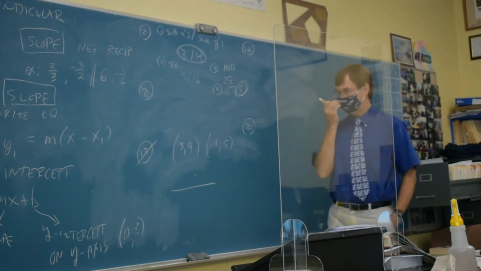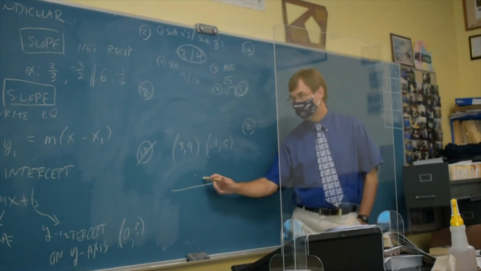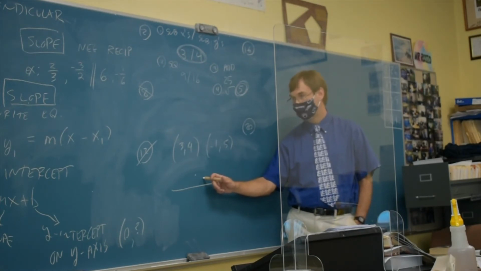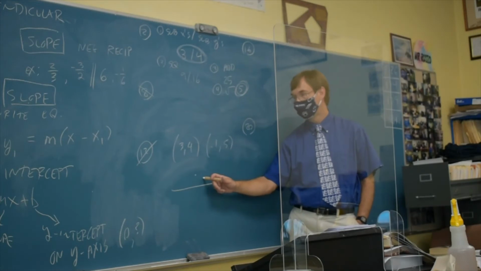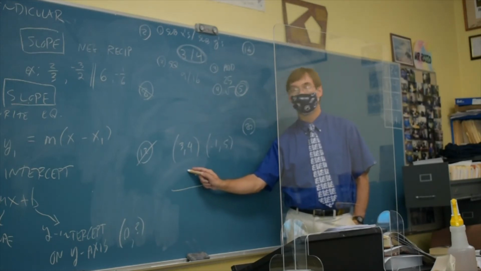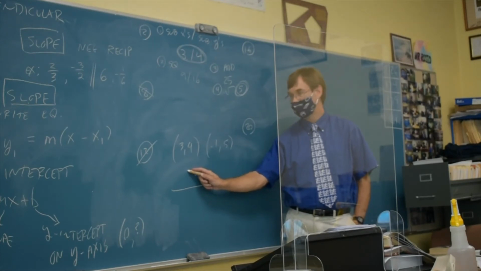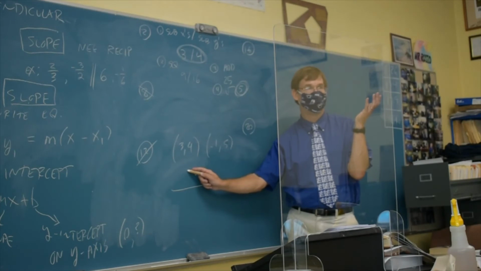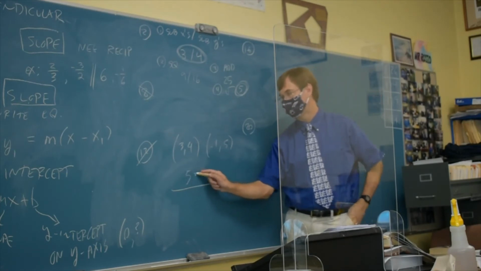So I go to do the slope. Who is affiliated with the top? The y's, namely 4 and 5. So if some people want to do 4 minus 5, they can. If some people want to do 5 minus 4, they can. Pick one. 5 minus 4.